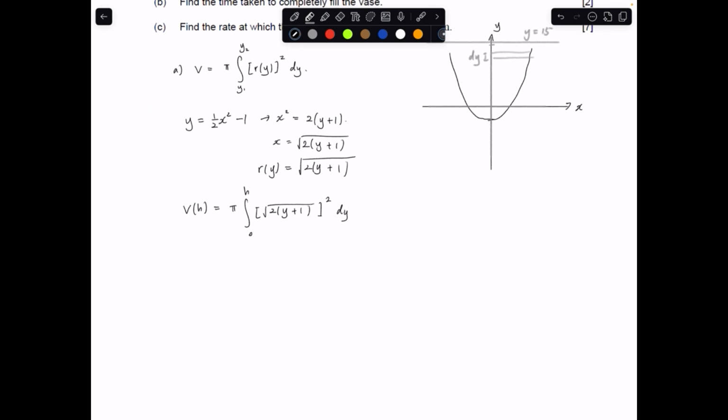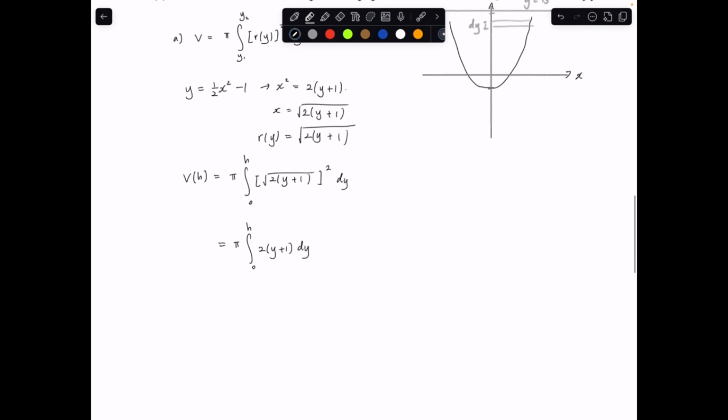And so we can simplify to make it look like this, because the square root goes away. And we can take out this 2 as well. So that should look like 2 pi, integral from 0 to h of (y plus 1) dy.